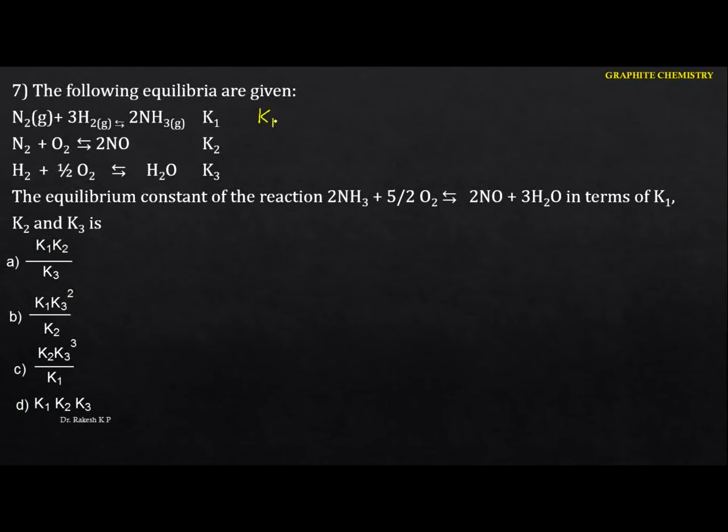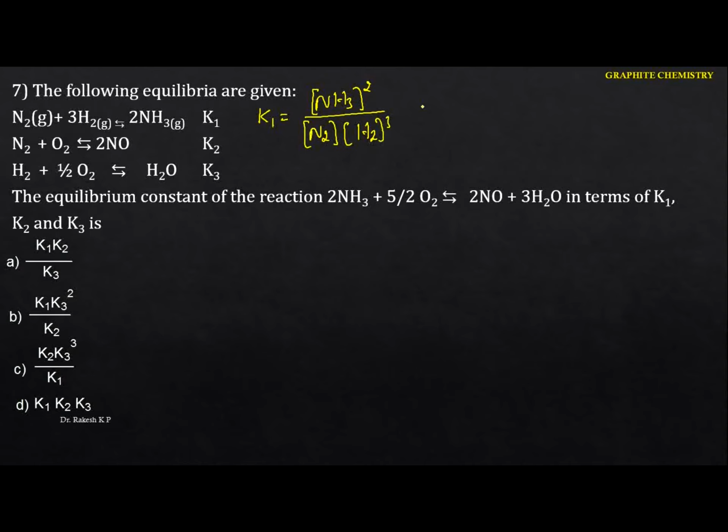According to the equilibrium constant, it is the molar concentration of the product by the reactant. So I'm going to write the molar concentration of NH3 power 2, divided by the molar concentration of nitrogen and also hydrogen power 3.